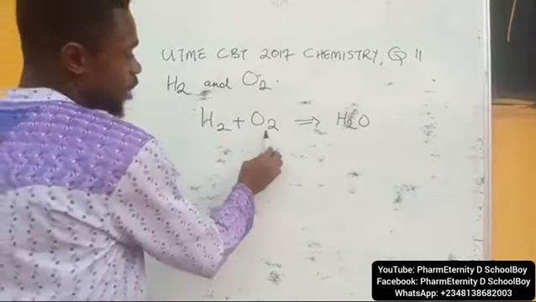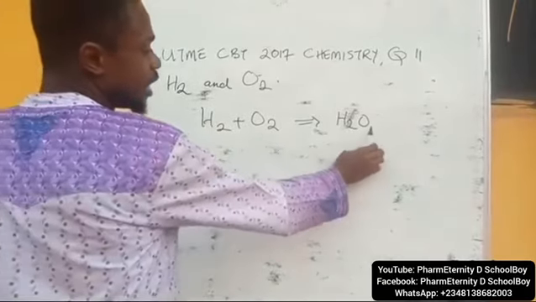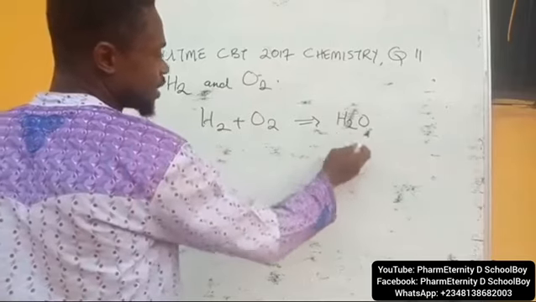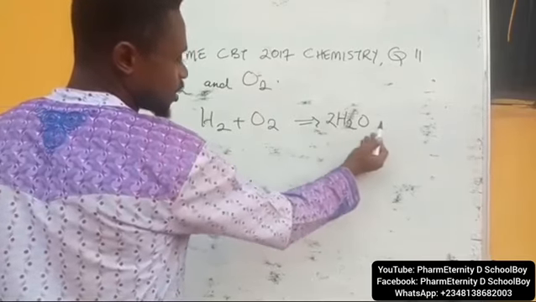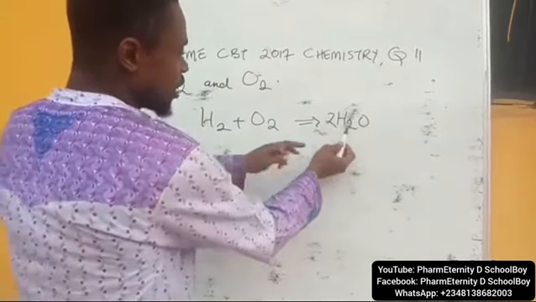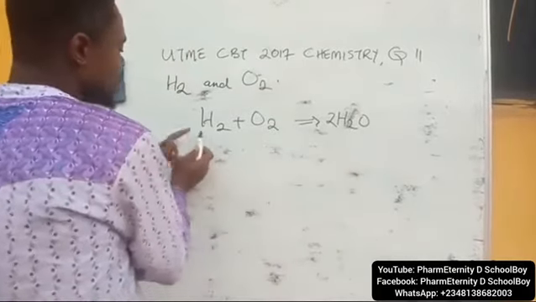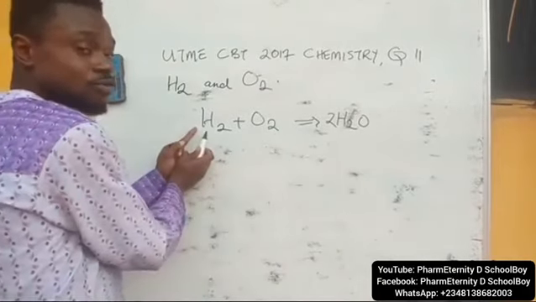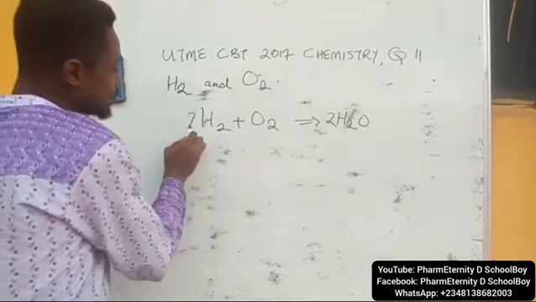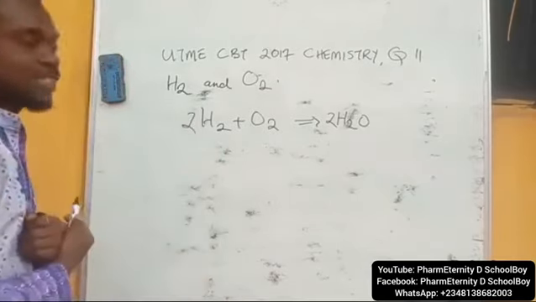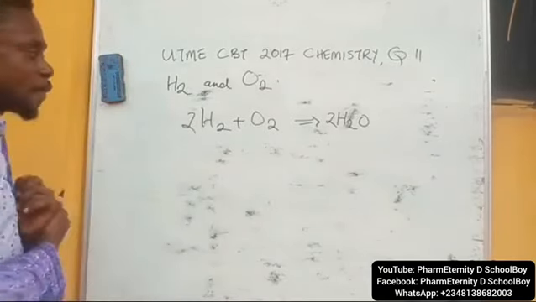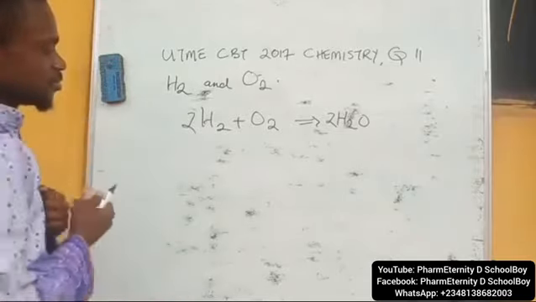Here we have 2 oxygen, here we have only 1 oxygen. So to balance this, we put 2 here to make oxygen 2. Hydrogen has become 4, but here we have two hydrogen, so we add 2 here to balance the equation. So the equation is now what? Balanced.